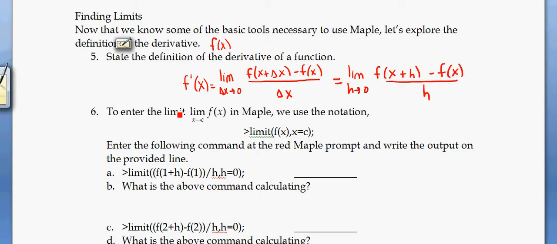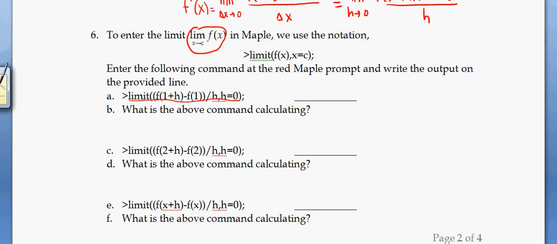So now to enter the limit, instead of writing it this way, you have to figure out how to write it in Maple, and so we write the word limit, and then you have the parentheses f of x comma x equals c. That's just the notation they used for this. So if you enter this command right here into the screen from Maple, hopefully you realize that this is the same thing as the definition of the derivative evaluated at 1, right?